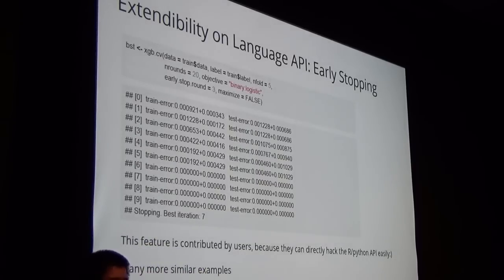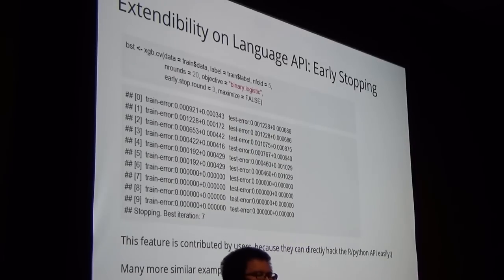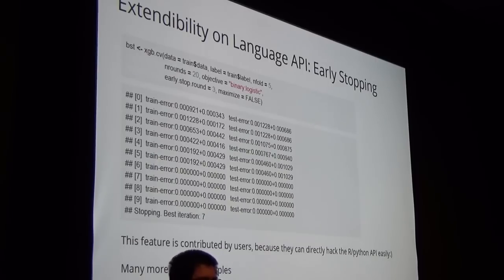Another interesting example of the extendability is the early stopping API. This is not an original design feature of XGBoost. What this feature does is that it allows you to take a validation set. Usually when you do gradient boosting training, you need to decide how many trees you need, for example whether you need 1,000 trees or 100 trees are enough.